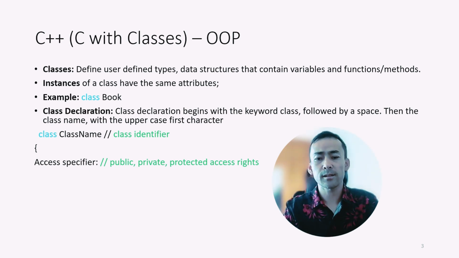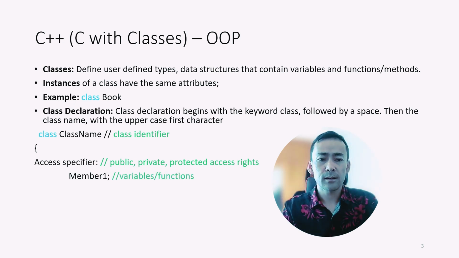However, protected access rights allow only the inherited classes, which we may also talk about later. And the private access specifier allows access to the data only inside the class's functions, and it protects the data from other functions outside the scope of the class.